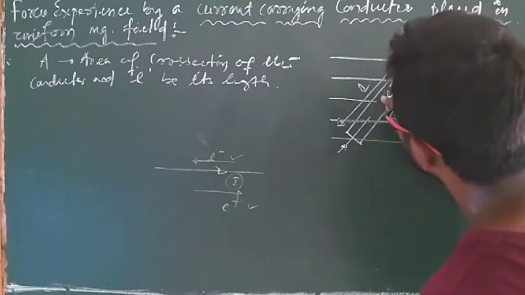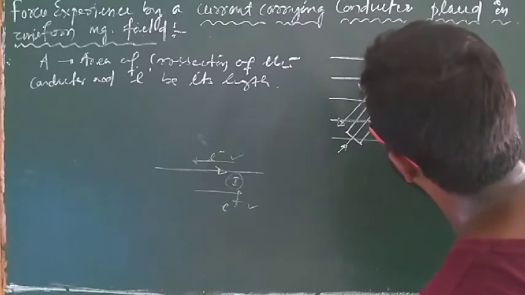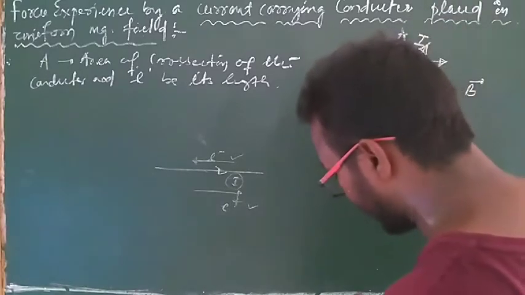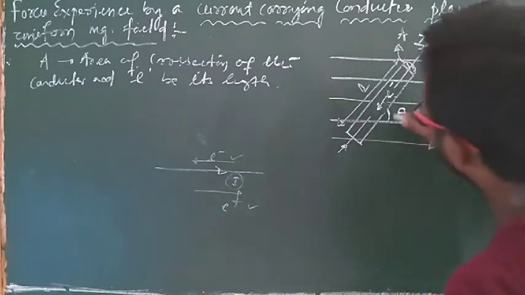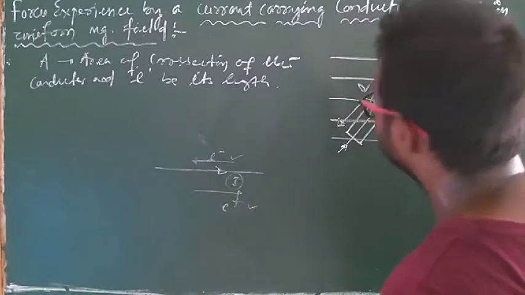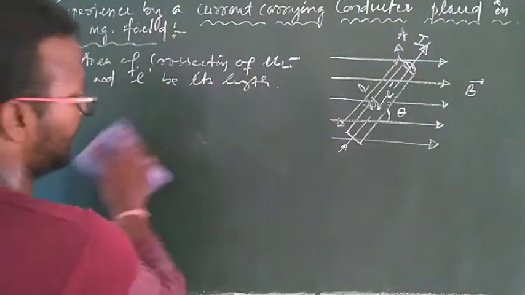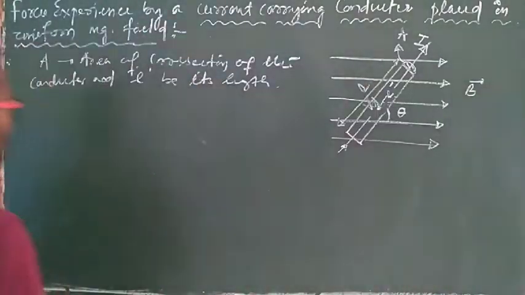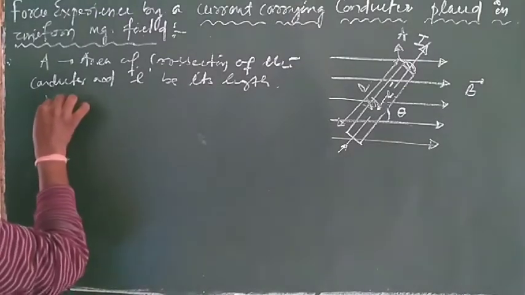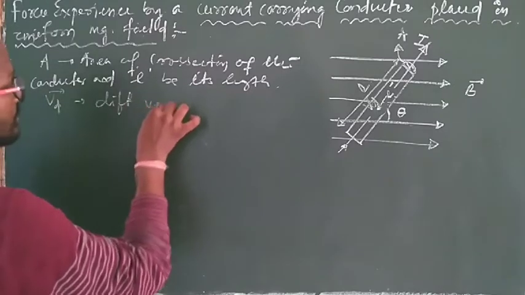Clear? So this is the direction of flow of current, and the electron moves with a velocity Vd. What is Vd? Vd means drift velocity.